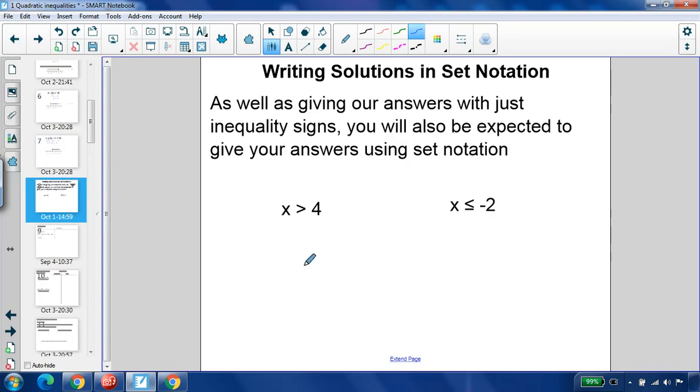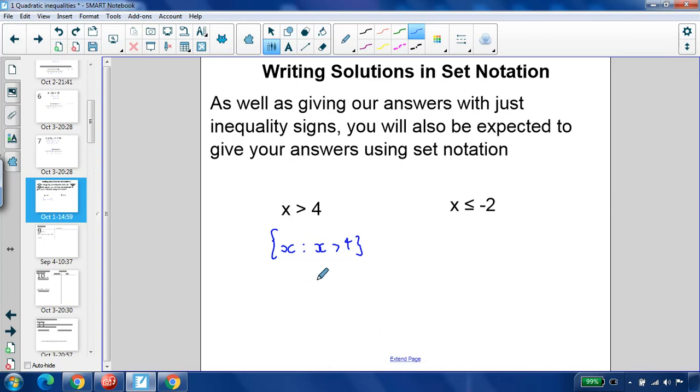Okay, this section is in the notes and we can write solutions in set notation, and you will be expected to give your answers using set notation sometimes. So here we've got a solution, x is greater than 4. To write it in set notation, we have a curly bracket, x, a semicolon, x is greater than 4.